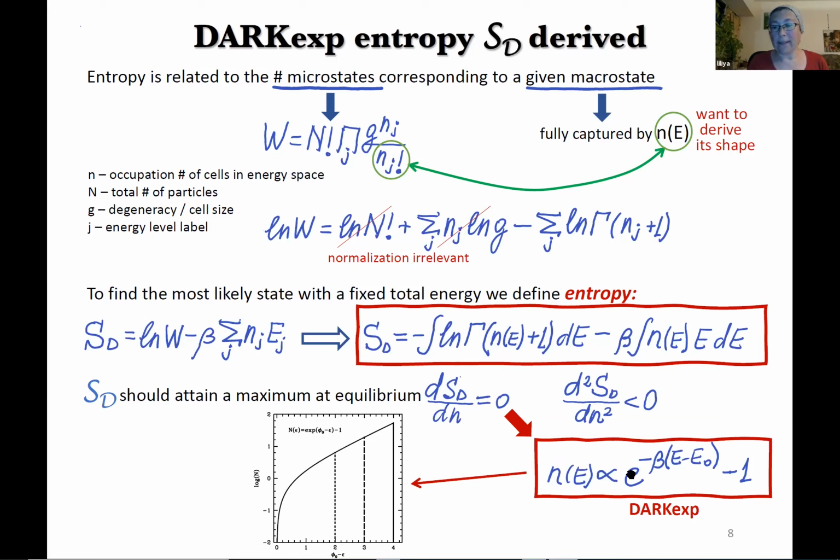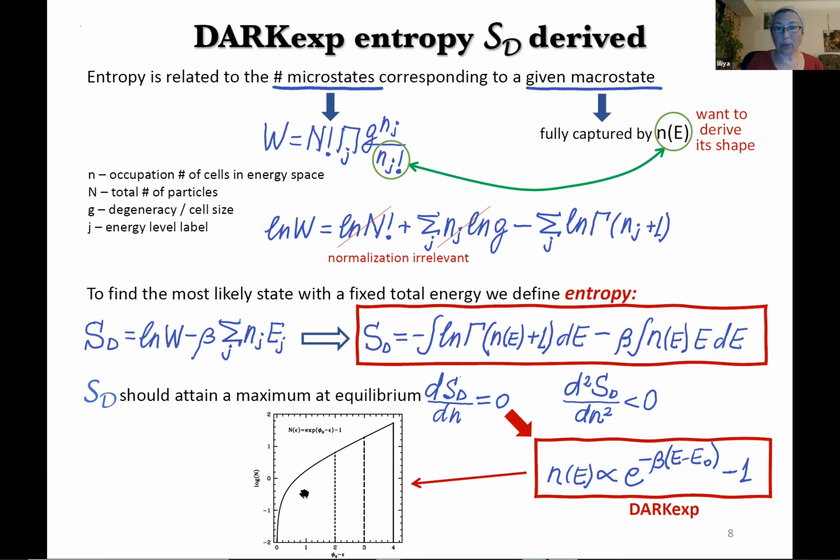It is proportional and not equal because the proportionality, this number up here, is just normalization, and it's not interesting. It's just the shape that we're interested in. You can also show that it is actually a maximum by taking the second derivative, and you can see that it is in fact less than 0. So this is our expression for N of phi. If you plot it, it's a very simple thing. It's exponential minus 1, and the exponential part is this part, and the minus 1 gives rise to this truncation.